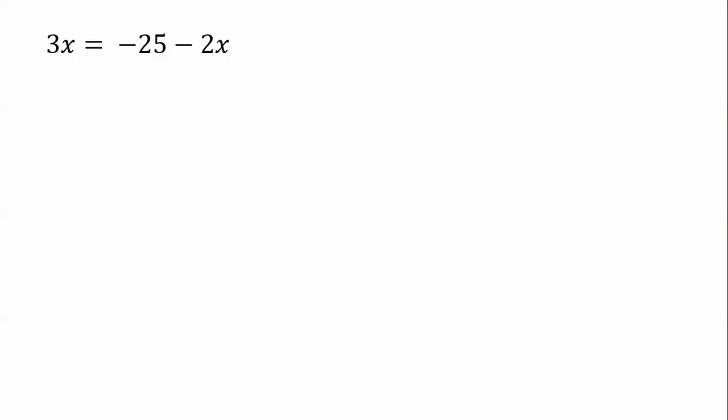And finally, so here I have it again. 3x minus 25 equals minus 2x. So what I want to do is I want to get rid of that minus 2x. So 3x plus 2x equals minus 25, because the other side is negative 2x, but I'm adding 2x here.